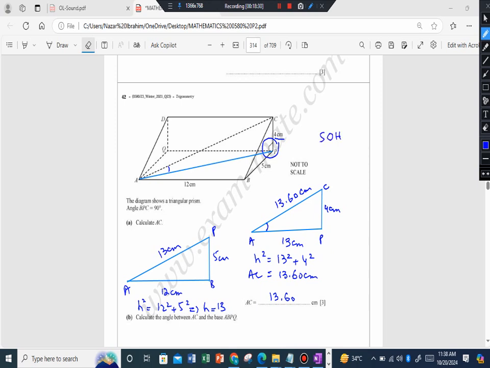So sine is equal to opposite upon hypotenuse. What is the opposite side? 4 centimeter. So sine theta is equal to opposite upon hypotenuse, right? Let's keep it in the calculator and take sine inverse. What we are getting is 4 upon 13.60, 17.10, right? So the angle which the side AC is making with the base ABPQ is 17.10 degrees.